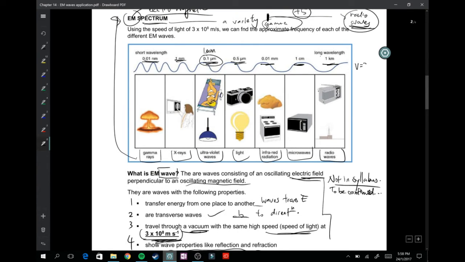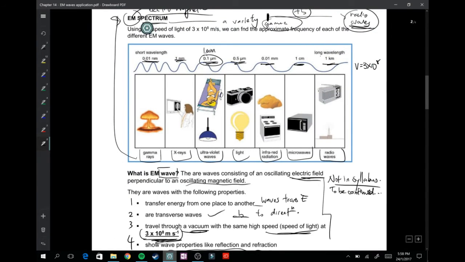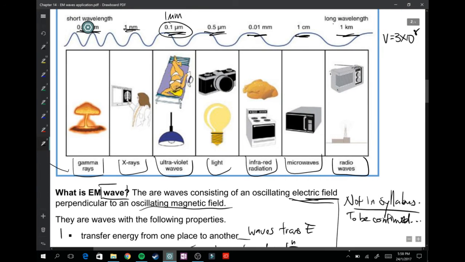So v equals 3 times 10 to the power 8 meters per second. You remember that v equals f lambda. Let's say you have memorized that microwave has 1 cm as its wavelength, so lambda equals 1 cm, and v equals 3 times 10 to the power 8. 1 cm is also equal to 0.01 meter. Whenever you do this question, please convert it to meters first.